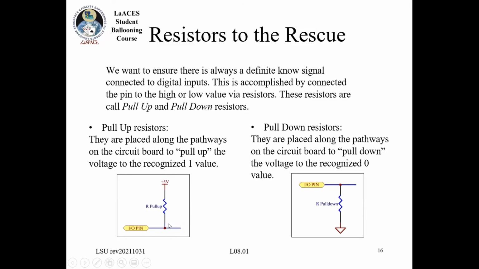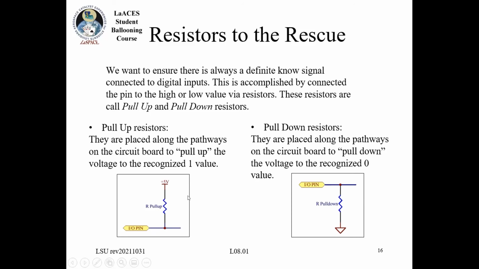So for example, when I have a signal of 0 here, the drop across the resistor is going to be 5 volts, because there's no resistance between the pin and the signal of 0. So the pin will see the 0, and I'll have a difference of 5 volts across there. Same thing here.